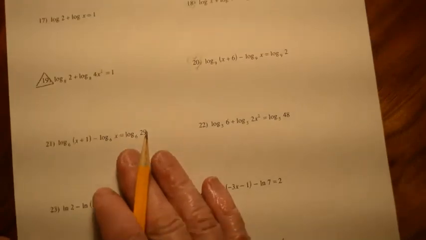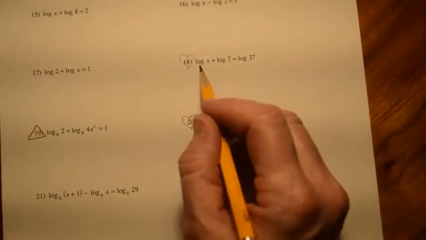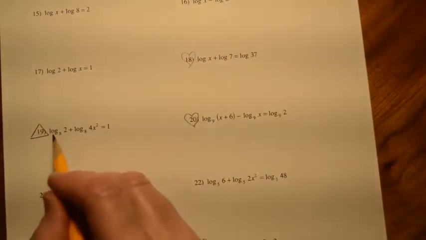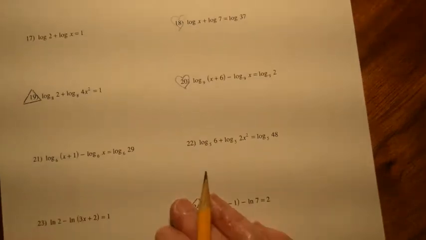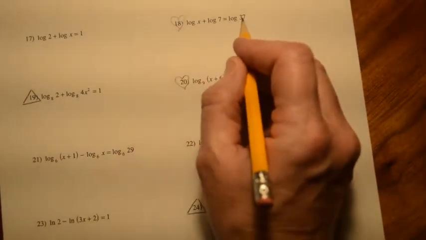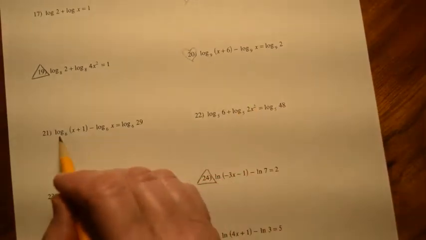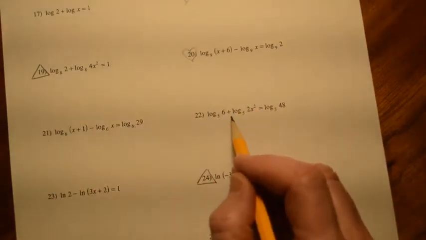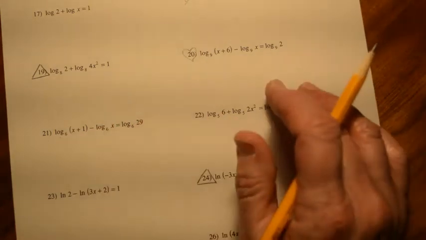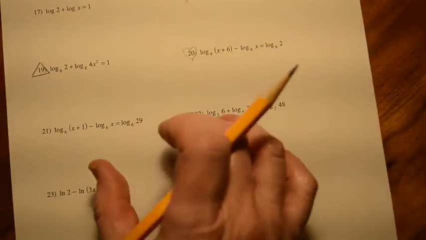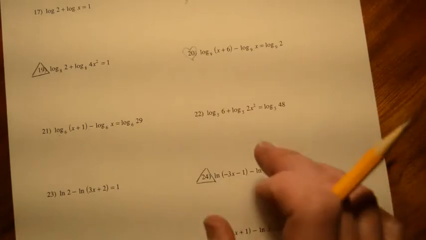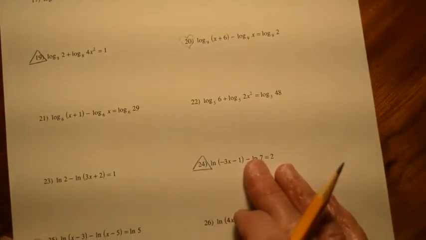If you look at them, as I said, it's log plus log equals log, log minus log equals log, log plus log equals log. So all of those have that same form where it's 2 logs either added or subtracted, and they're equal to a log on the other side.